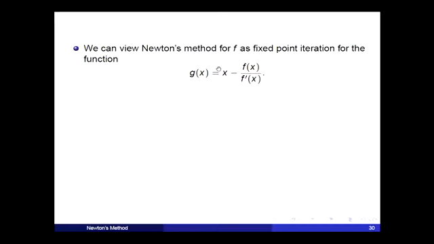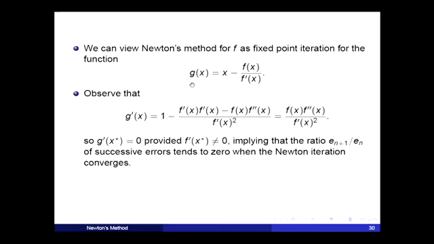So we can view Newton method as a special case of a fixed point iteration, right? Because remember, xn plus 1 equals something on the right-hand side. And the right-hand side can be viewed as a function g. Okay? And then when you take g prime, g prime will equal something like this.